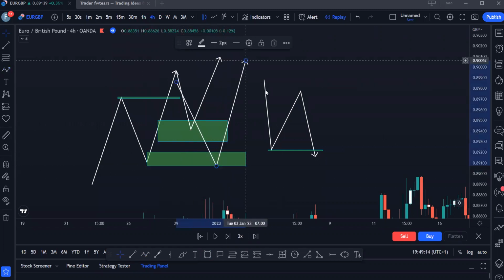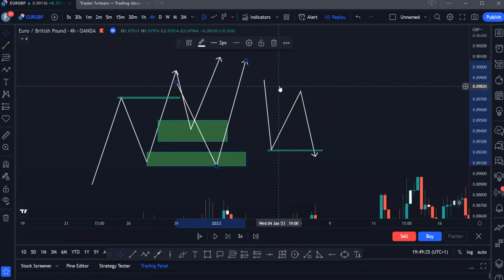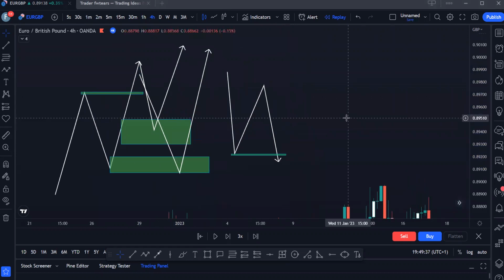Like we discussed yesterday, support zones can be broken. It can work, and it can also be broken. But you find yourself in a more interesting and more profitable setup if you are using support zones that align with an uptrend.